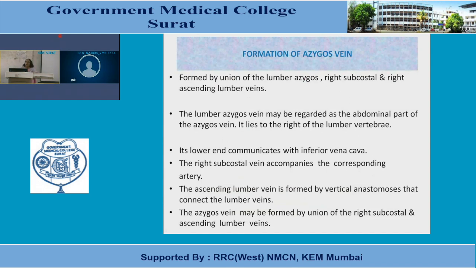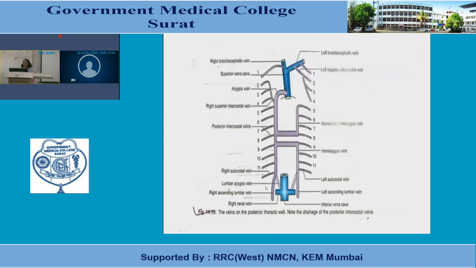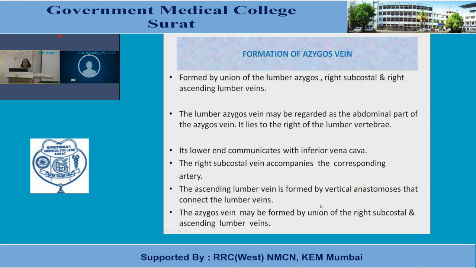It lies to the right of the lumbar vertebrae in the abdominal region. Its lower end communicates with the inferior vena cava. Now, the right subcostal vein accompanies the corresponding arteries. The ascending lumbar vein is formed by the vertical anastomosis that connects the lumbar veins.